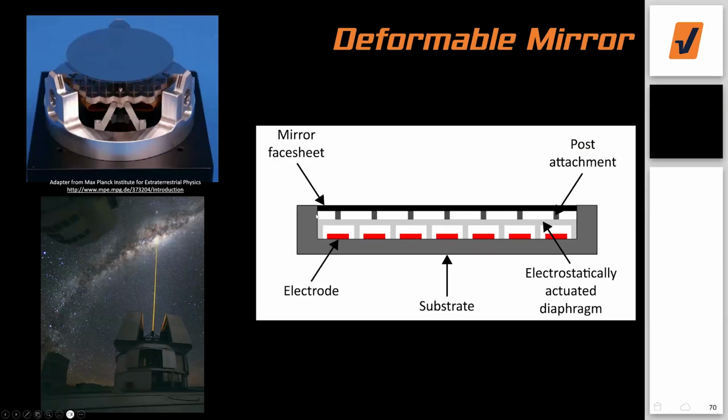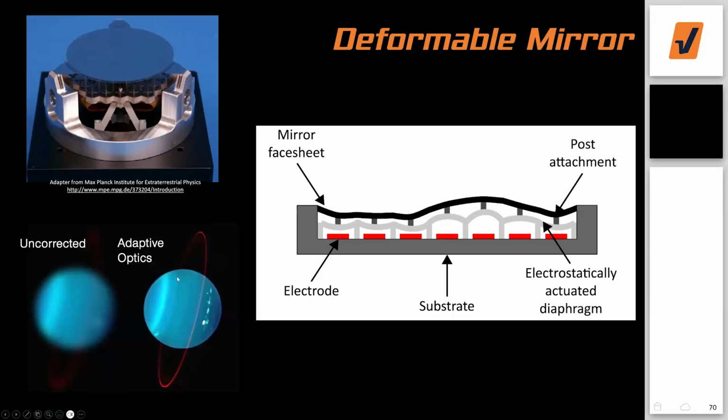What's that? It's also space technology from astronomy. It's a mirror, but the surface can be tuned to compensate for the light distortion. In the telescope, you use that to correct all the distortion of the beam. Here is Uranus. Without a correction, the imaging resolution is poor.